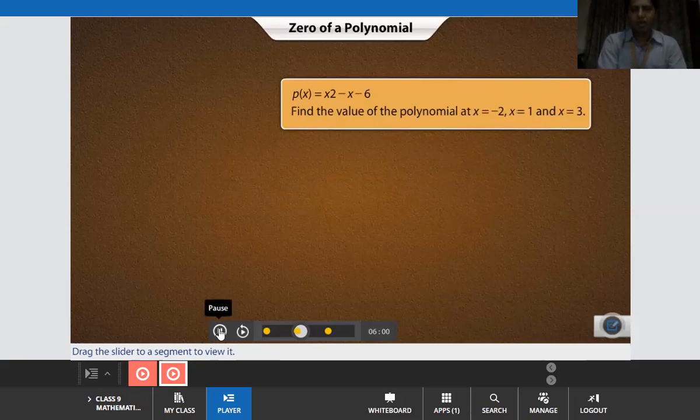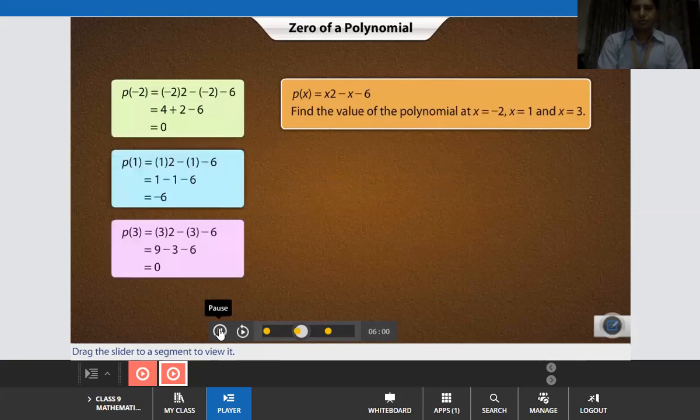To do this, we substitute these values for x in the given polynomial to find the respective values of p of x. Note that when x takes the values minus 2 or 3, the value of the polynomial becomes 0.